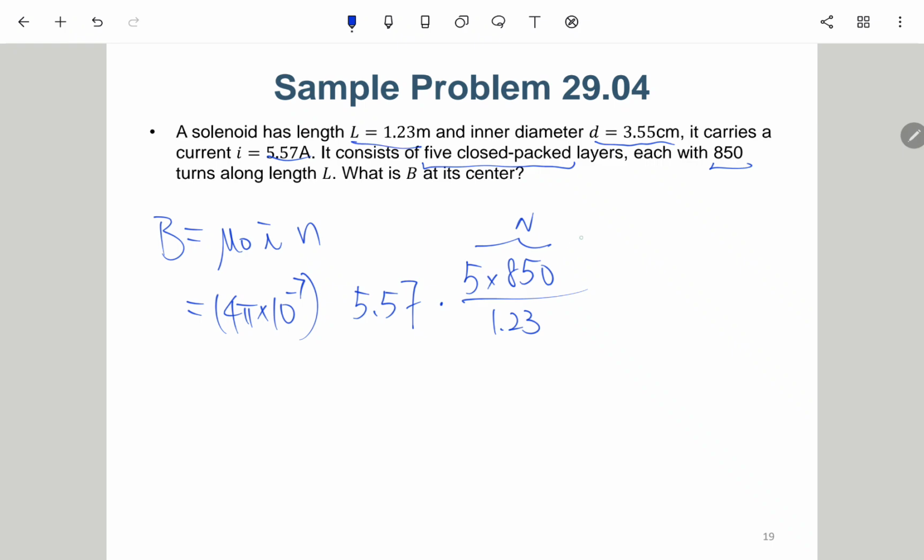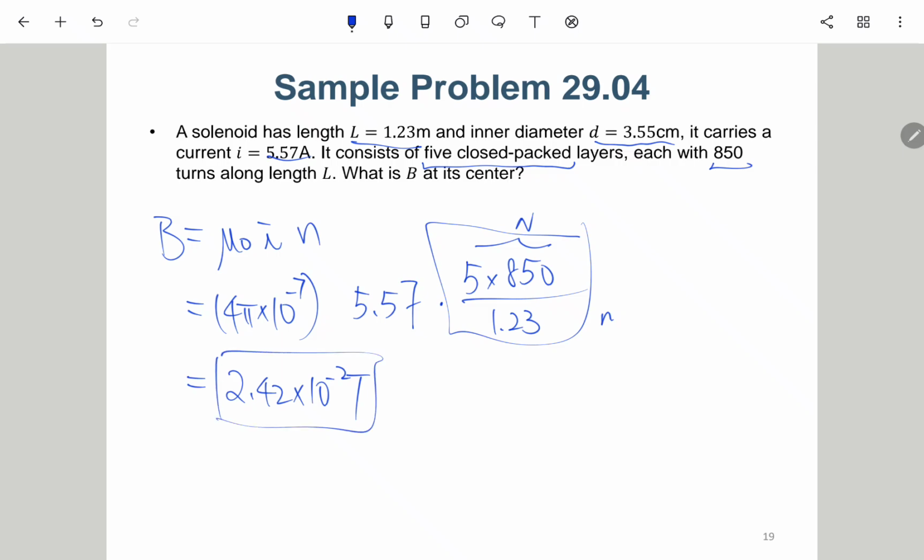So the whole thing becomes a small n. In this case, the B field will be 2.42 times 10 to the negative 2 Tesla. So this is just a simple sample problem to make use of this B equals mu 0 I n.